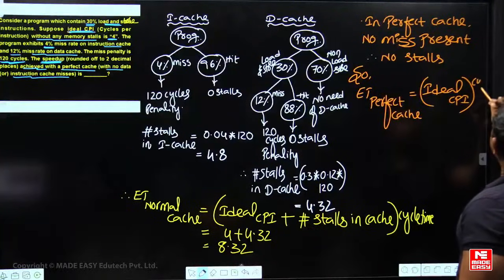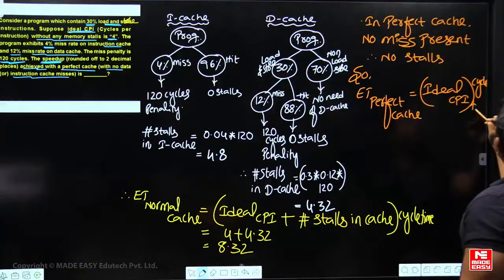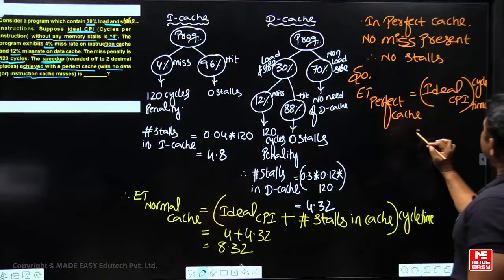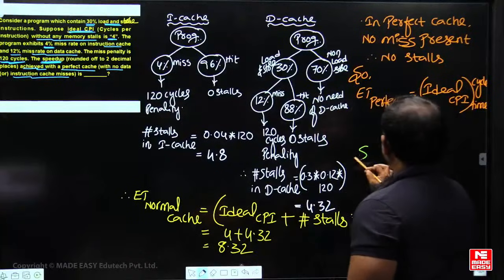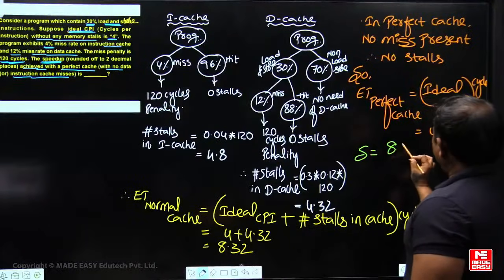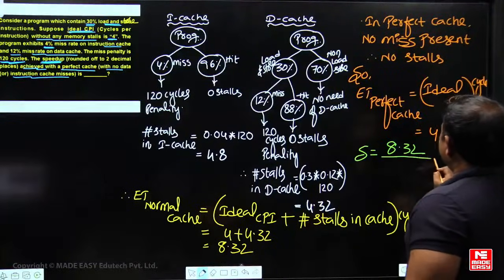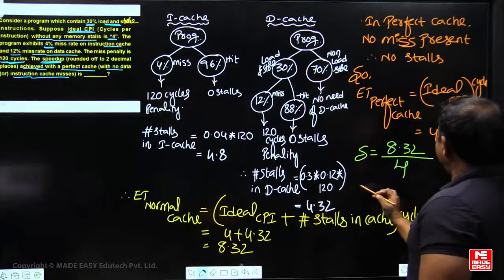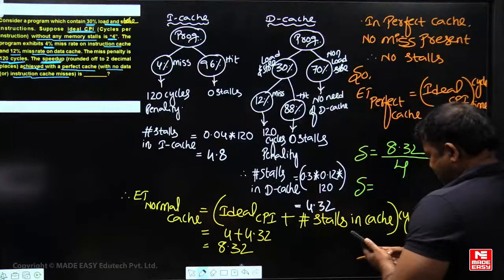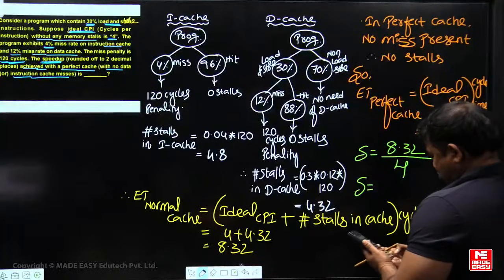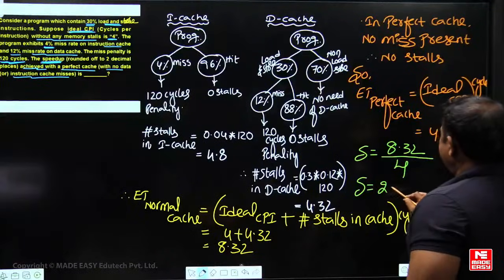Cycle time is not given. Therefore, 4. So, what are they asking? Speedup is equal to normal cache execution time divided by perfect cache execution time. 8.32 upon 4. This is 2.08.